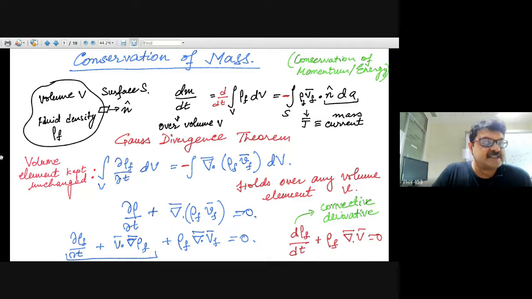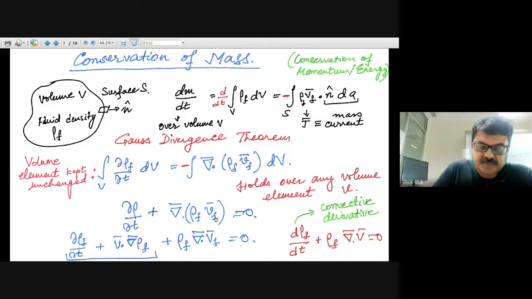We can choose a different volume element, with a different surface element, and this relationship will still hold. Since both sides are integrals over volume, once you choose the volume element this relationship holds. Hence we remove the integral sign and write del rho f by del t equal to minus divergence of rho f v f.